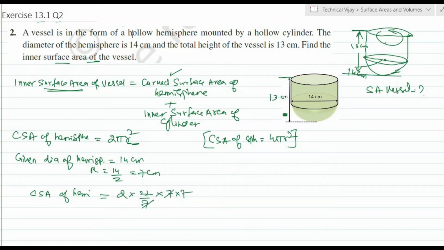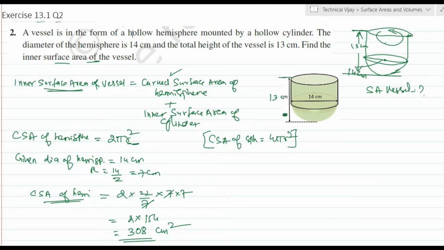So 7 gets cancelled. 7 twos are 14, 14 elevens are 154. This is 2 into 154, so this is equal to 308 square centimeter, because this is the surface area of the hemisphere.